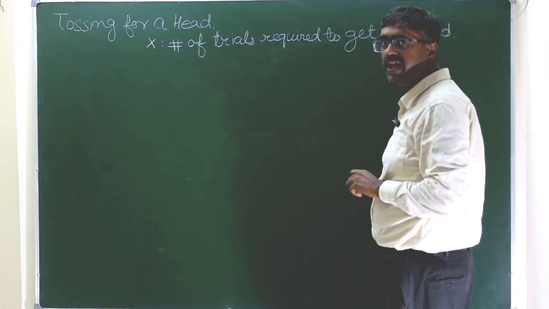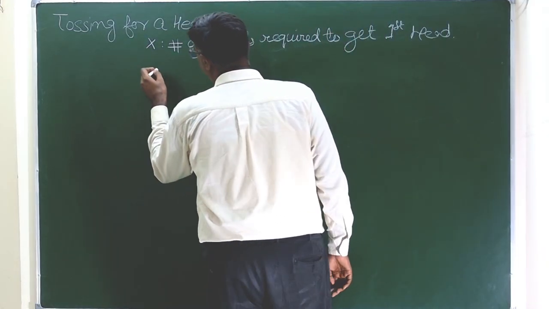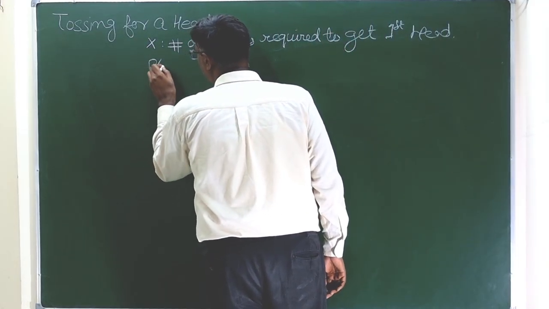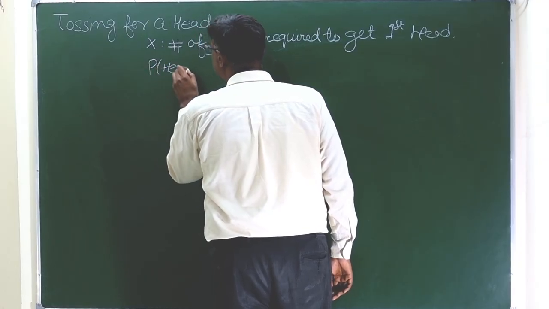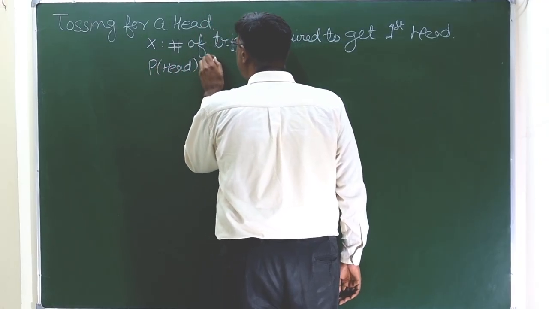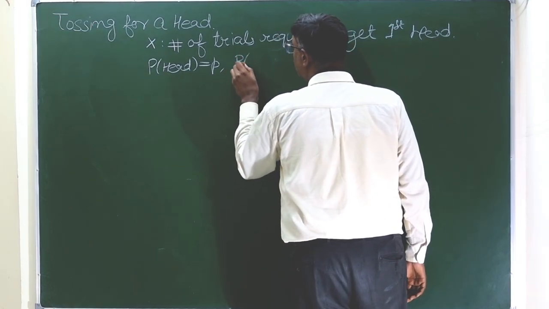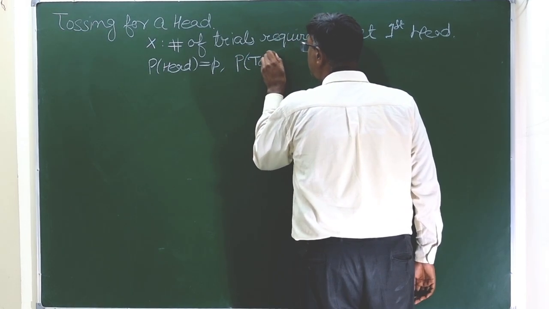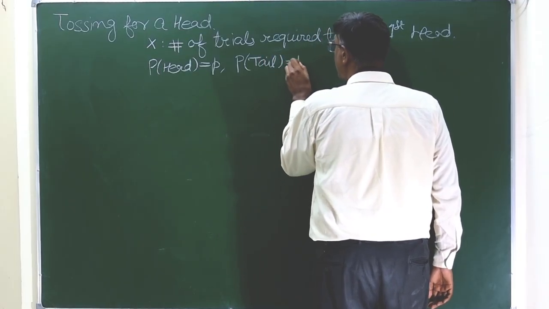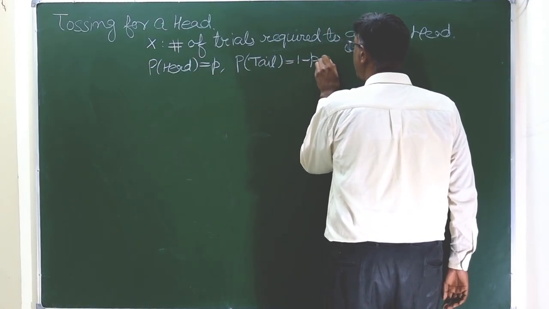This is the way X is defined, and we are also given that the probability of head is p and the probability of tail is 1 minus p, and I am writing it as q.